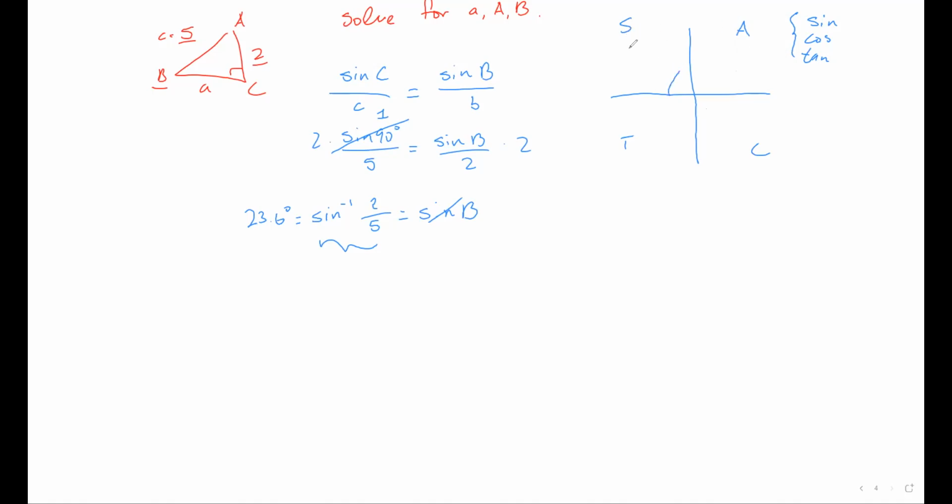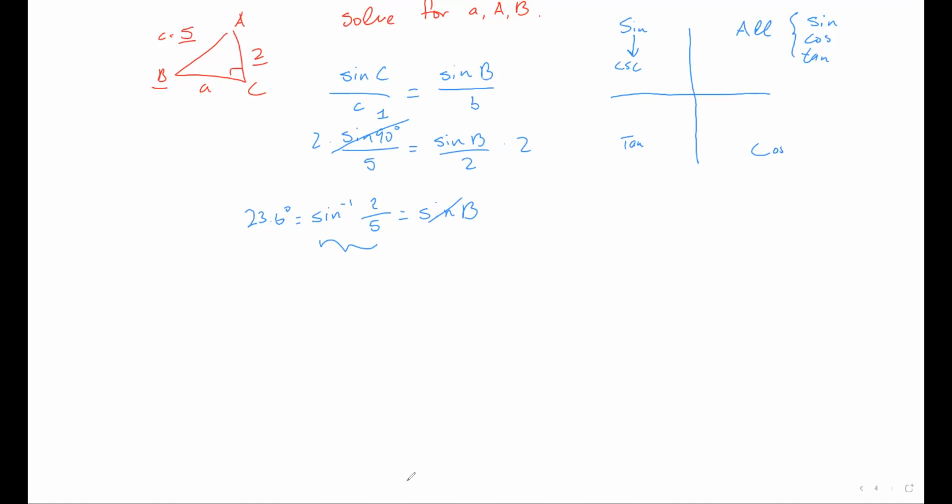In the second quadrant, it means that only sine is positive. So this is all, this is sine, and this is tangent, and this is cosine. So only those functions are positive. That's technically not true. You can also see that cosecant is also positive here, but sine being positive implies that cosecant is positive.